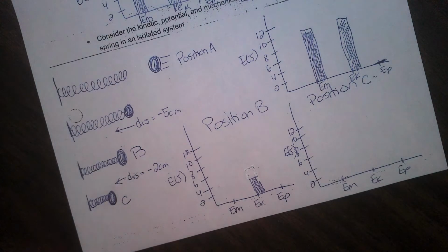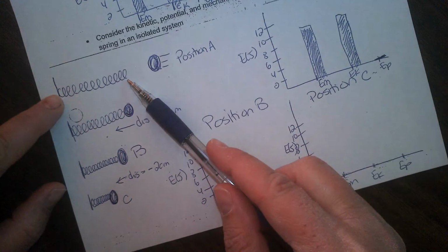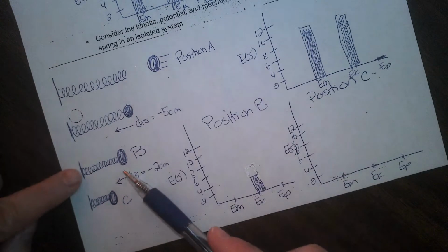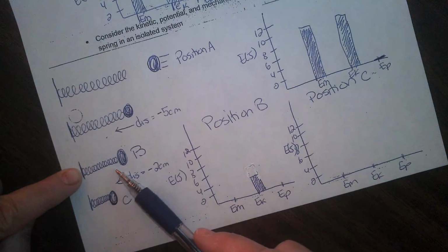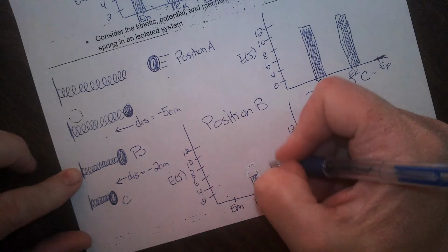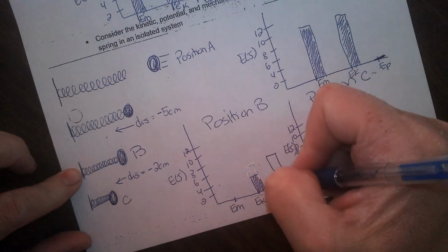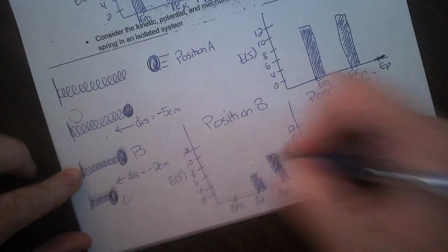The spring being compressed, its stored energy is what? Remember, the resting state of the spring is like this. So what can we say about the stored energy or the potential energy here? It's actually higher. It would be 6. Not much, because we've potentially collapsed this.